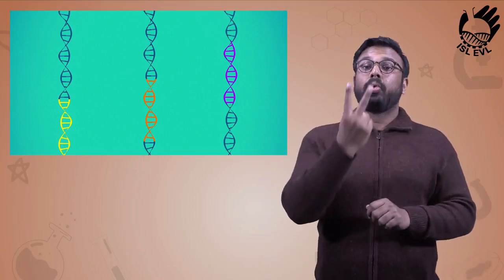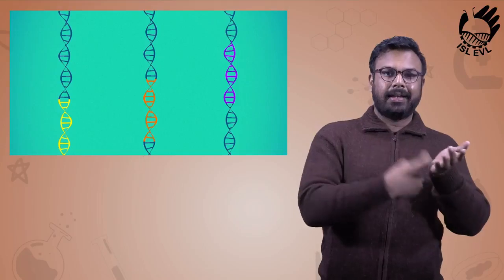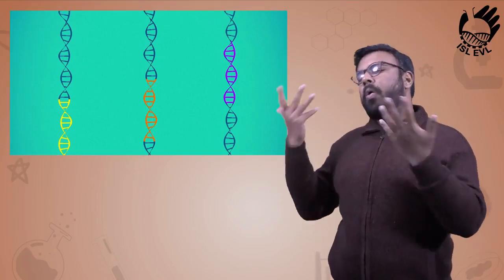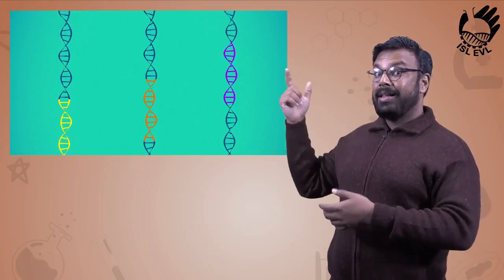There can be two types of faulty mutations in the genes. They are called dominant and recessive. Cells usually contain two copies of genes, one inherited from each parent.